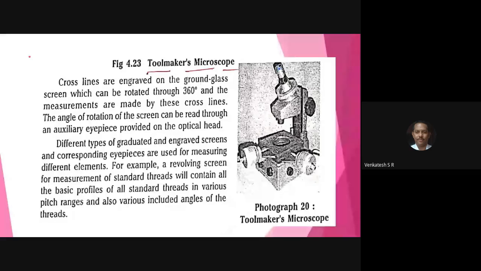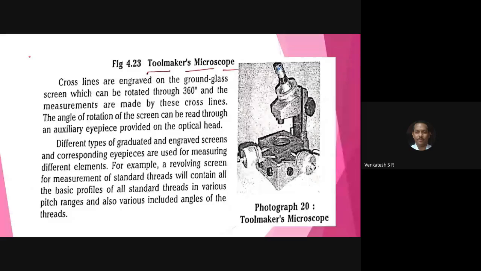Tool maker's microscope. All of you mark it. This is very important from the examination point of view, and you can expect this question this time. All of you, please write down the question.